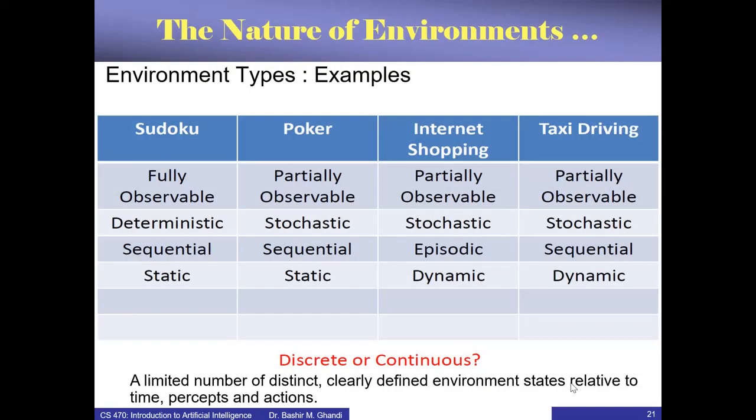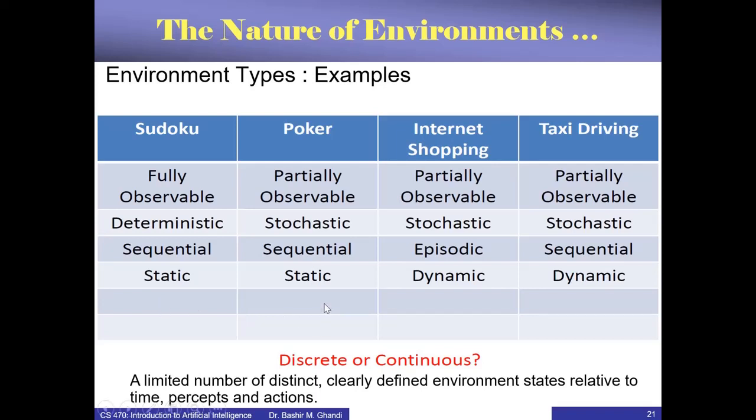All right. Now, clearly, almost all of these agents are discrete. I think only the taxi driving is a continuously changing environment. But the Sudoku doesn't change with time, as we said.